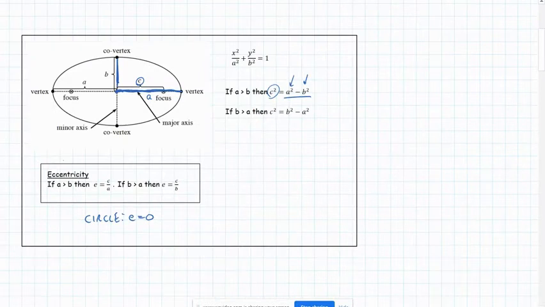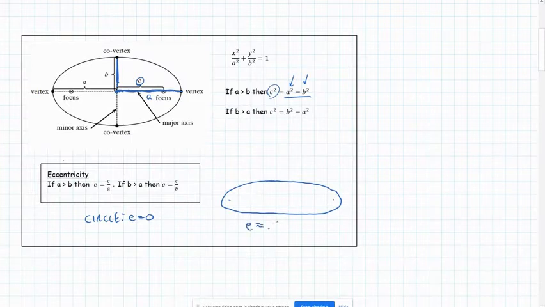If the ellipse is elongated, then the eccentricity is going to be something closer to 1. So this might be an eccentricity of about maybe 0.95 or something like that, because it's a long and skinny ellipse. So elongated ellipses have an eccentricity close to 1, and very circular ellipses have an eccentricity closer to 0.